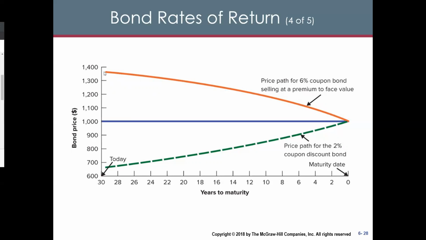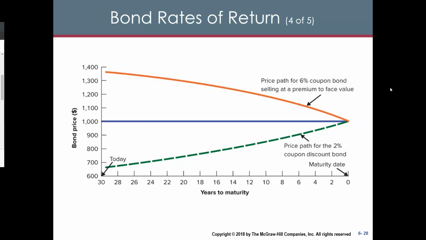So suppose the bond price is higher than the face value, and you can see from the graph it's about $1,350. The x-axis here is the years to maturity. As time moves forward and the bond gets closer and closer to its maturity, you are paying out all those coupon payments.